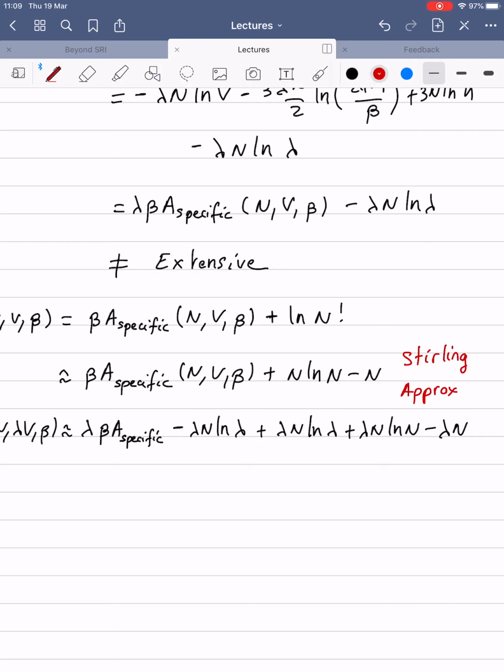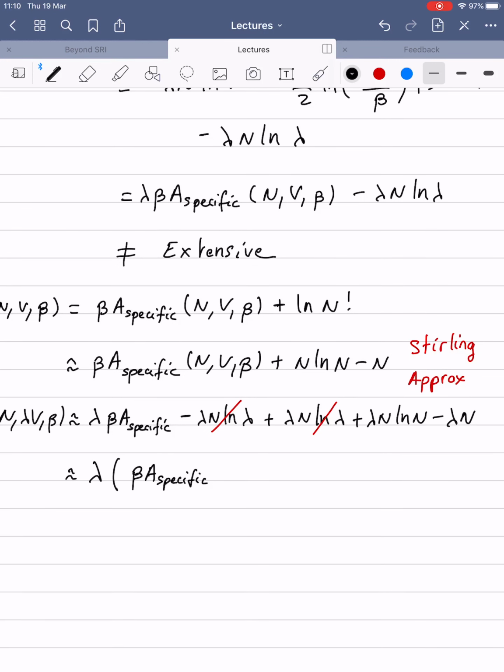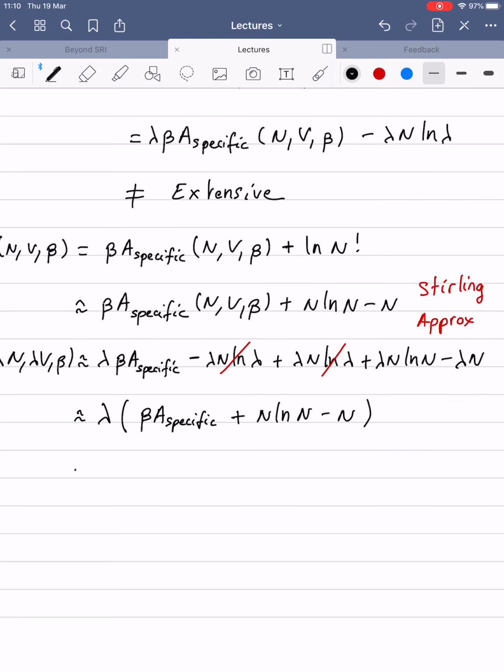So what we see here is that this term will cancel with this one, okay? And so these cancel out, and all in all we get the following expression, approximately equal to lambda times beta A specific, and then plus n log n minus n, which is lambda beta A generic.